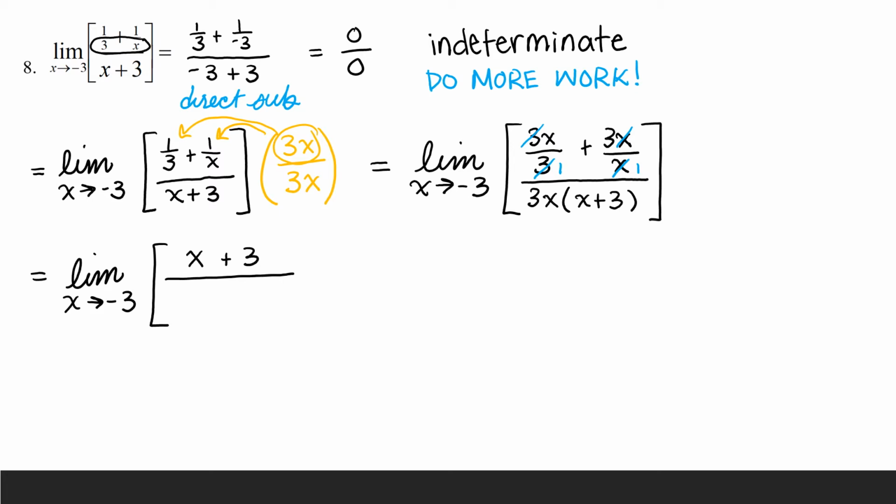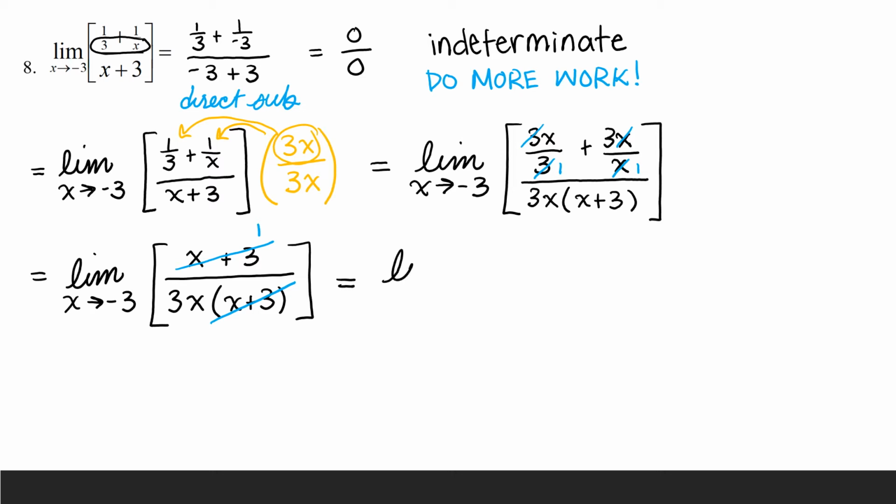So we have x plus 3 in our numerator, over 3x times the quantity x plus 3. And now I see that I have a common factor of x plus 3 in my numerator and denominator, so they will divide out. So this x plus 3 will divide out to just a 1, and this x plus 3 will also divide out, but I have that 3x there.